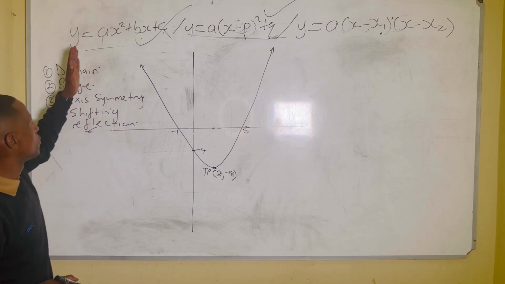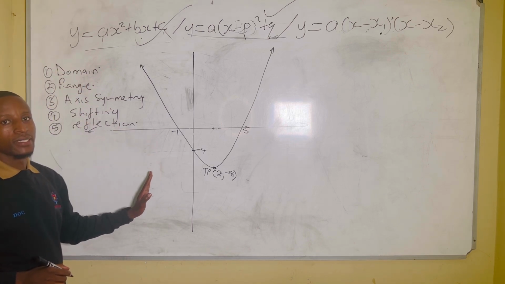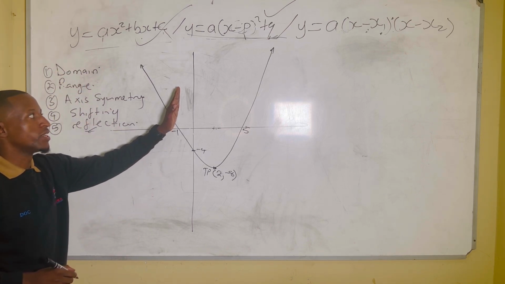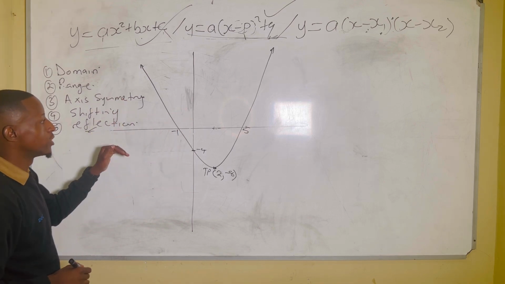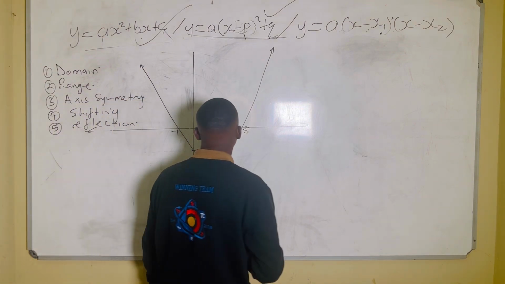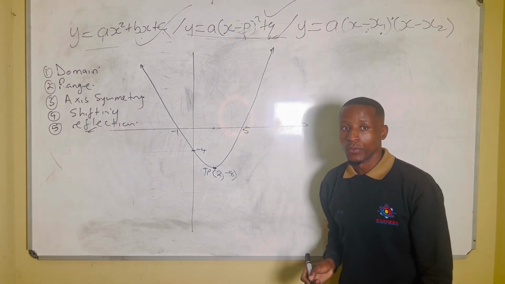So these are possible questions that you must expect from a given graph. They can ask you these questions. You must be able to answer all of them with confidence.